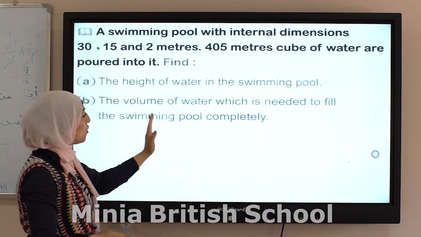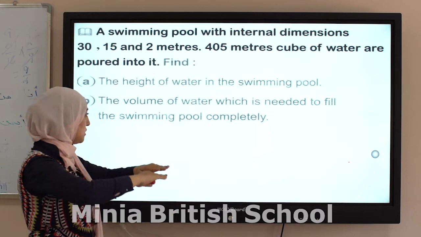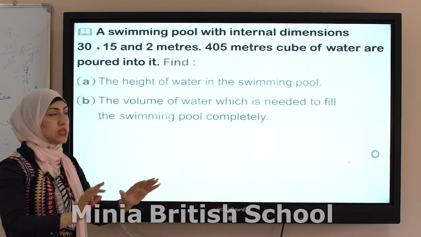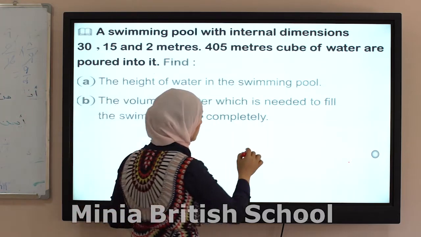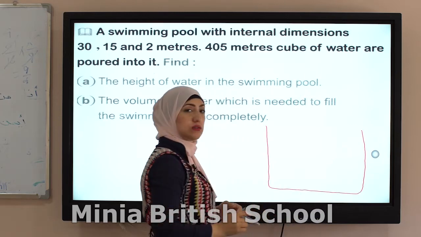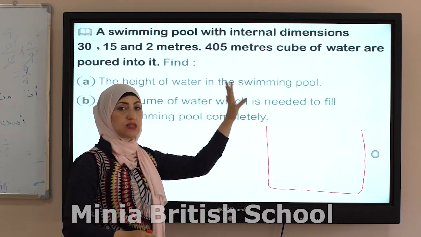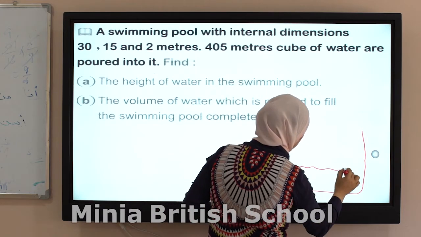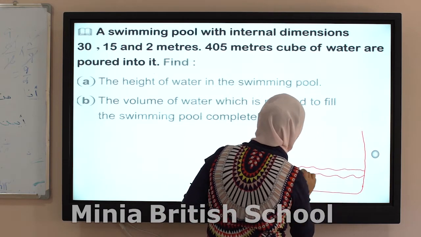Then the volume of water which is needed to fill the swimming pool to complete it, or to fill it completely. Okay? So here I have the swimming pool, and I have its dimensions. Then some water poured inside it.